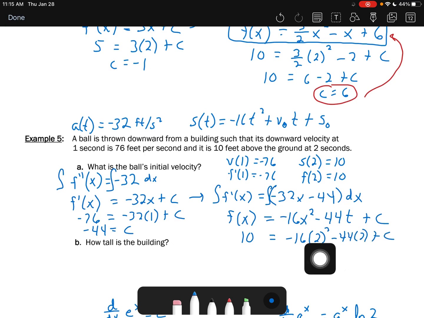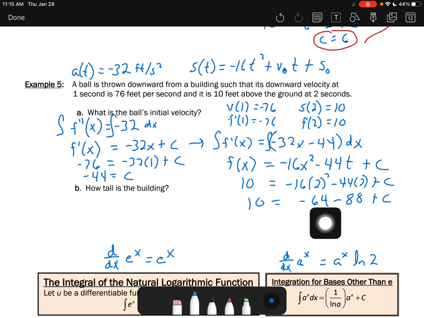Okay, and so that's going to be 4 times 16 equals negative 64, and this is going to be minus 88 plus c, and so negative 64 minus 88, that's negative 152, plus c equals 10. I'm going to add that over. I'm going to get 162. So that's going to be my initial position. That'll be my initial height.